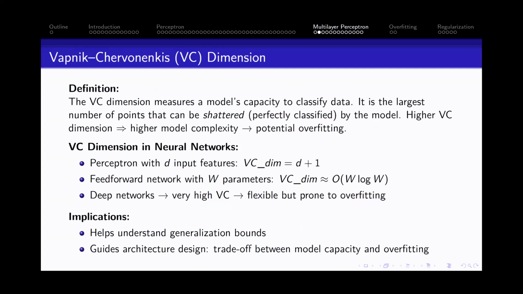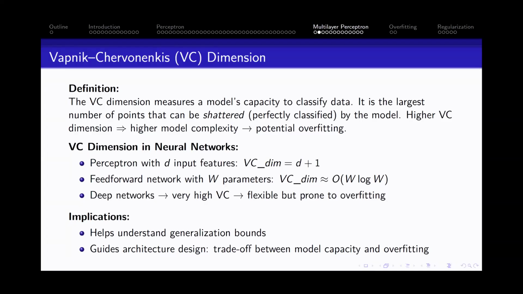With VC dimension, what you are going to do is shatter your data in order to separate them into different classes, and find the right boundary to split this data into different sections or classes with an error as low as possible. A common rule of thumb is, for a perceptron with D inputs, your VC dimension is D+1.